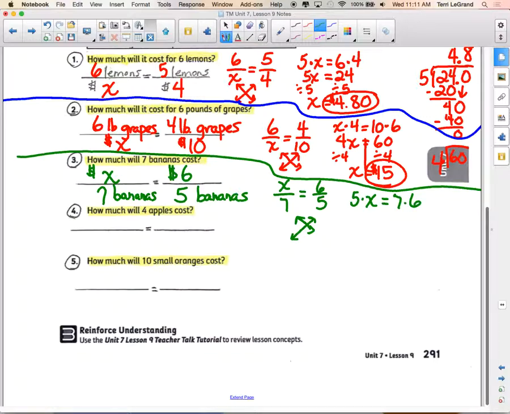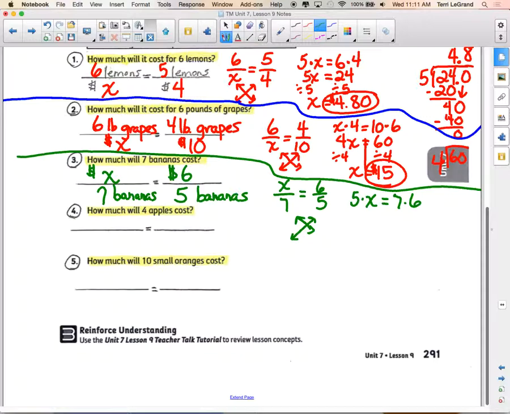Now, I'm just curious, those of you who started on your own, did you have the bananas upstairs instead? If you had the bananas upstairs and the dollars downstairs, do you still have the same multiplications going on? Do the multiplications still match up? They do, don't they? So it doesn't matter which is upstairs.